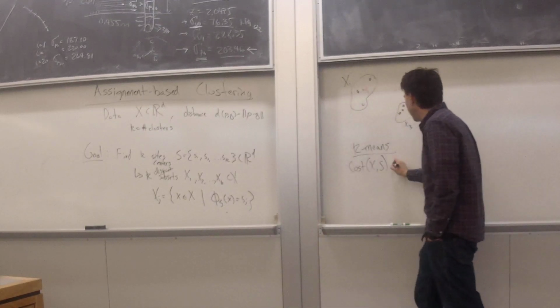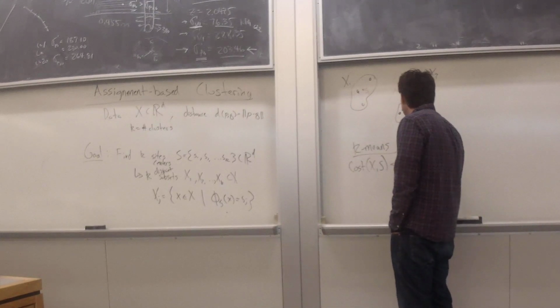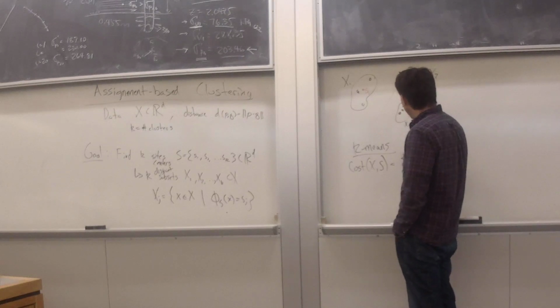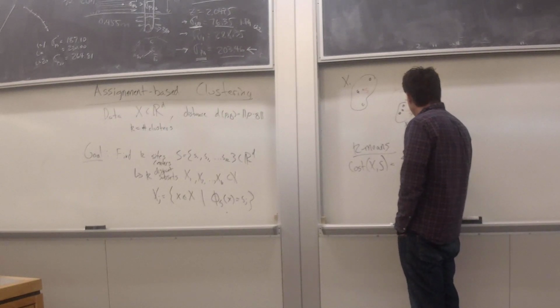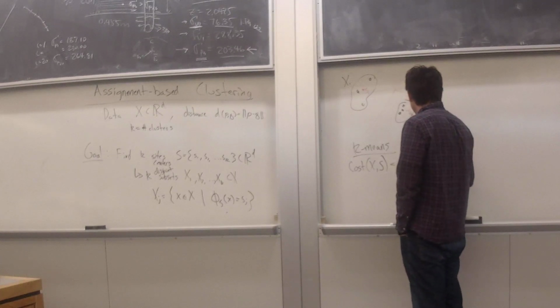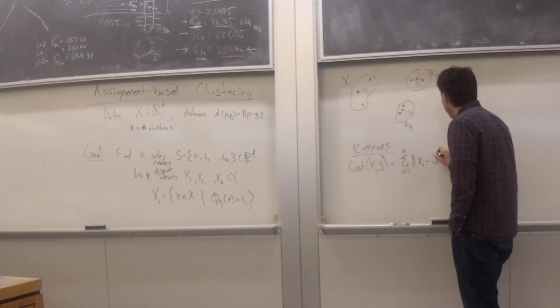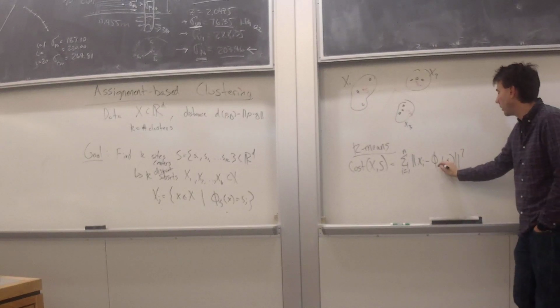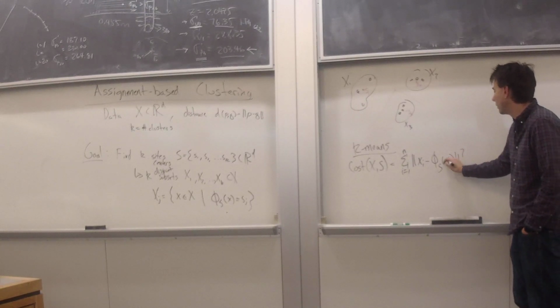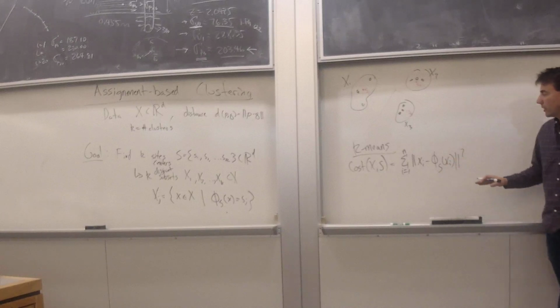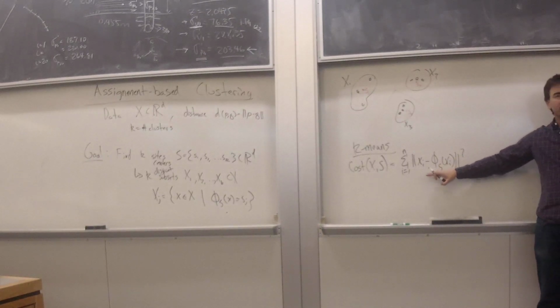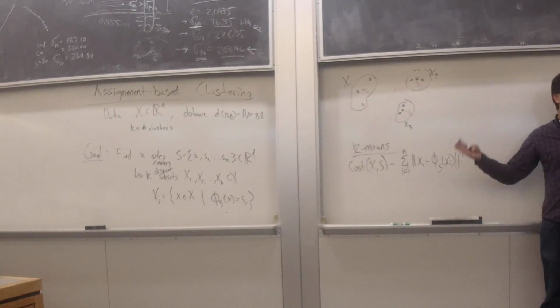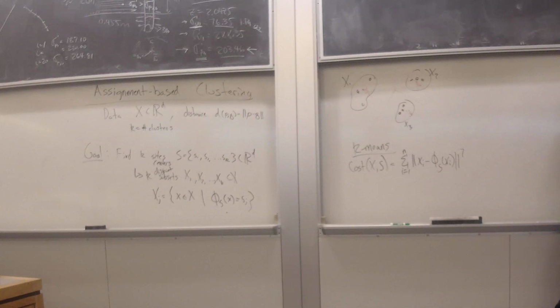We're going to try to minimize this cost function, which is the sum from i equals 1 to n of the distance from xi onto phi of xi, squared. So I want to minimize the sum of squared errors, the cost function we've been talking about the whole semester.